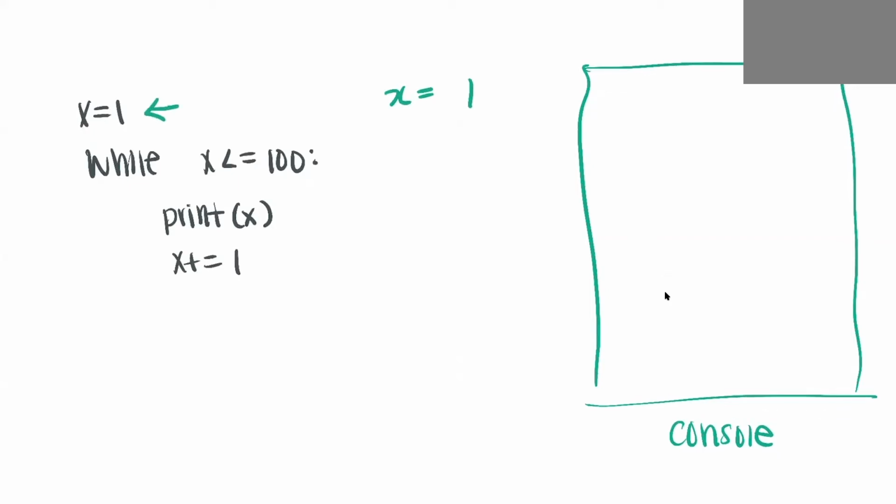When I go to the next code line in the sequence, I would be here. And that means I have to verify this code: while 1 is less than or equal to 100. Is this a true statement? Is 1 less than or equal to 100?